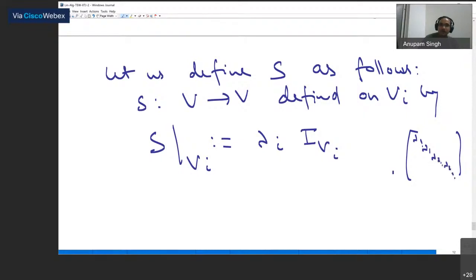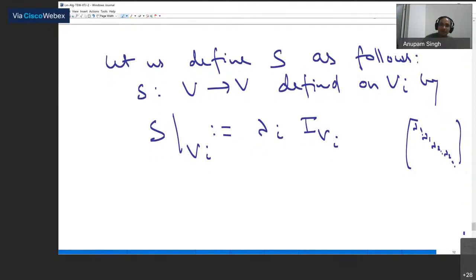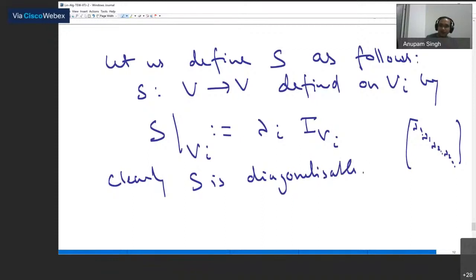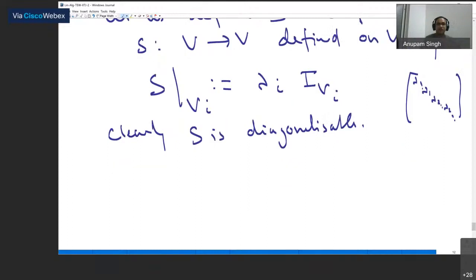So it already looks diagonal. It is very easy to see that S is diagonalizable. On each of the Vi, it is a fixed scalar, so we have got it in a very nice way.